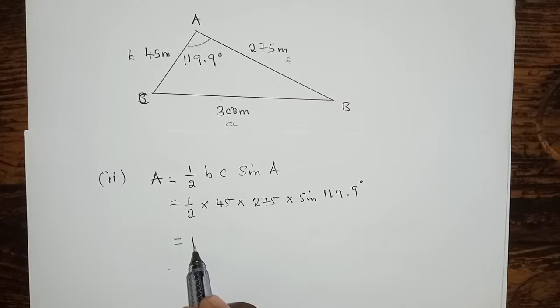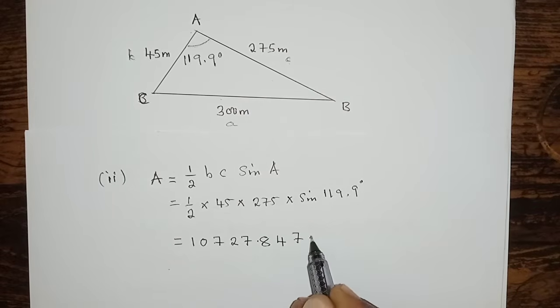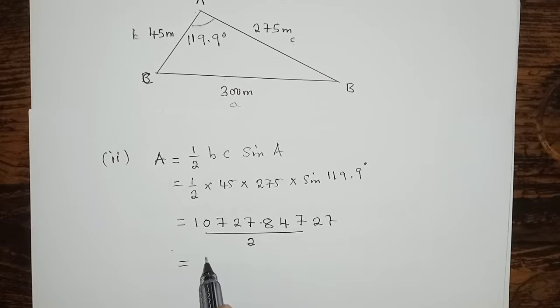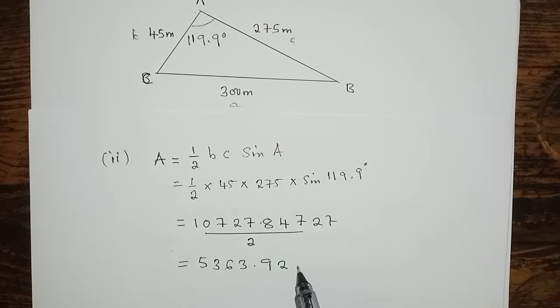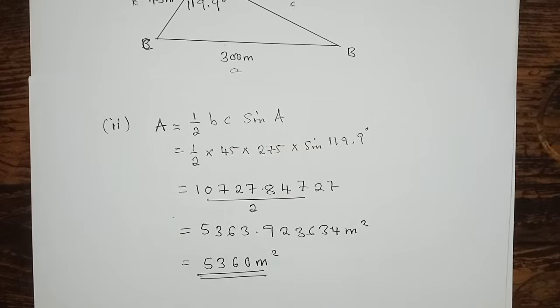We're getting something like this. So we say divide by 2. We are getting 5,363.923634. So this must be meter squared, or we round it off to 3 significant figures. So this is the solution right here.